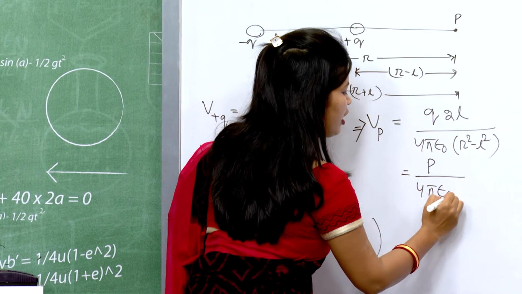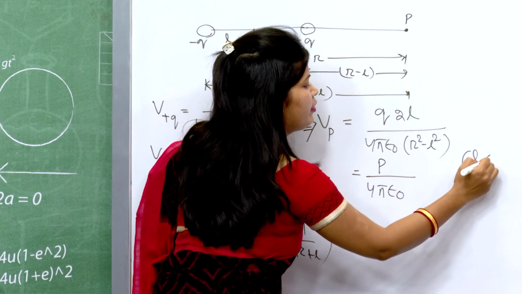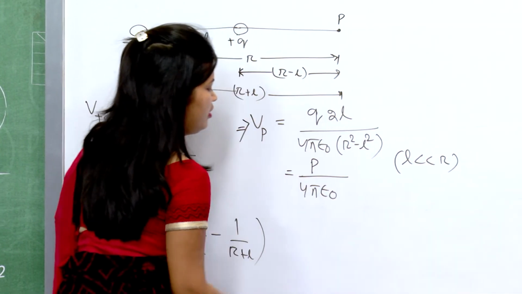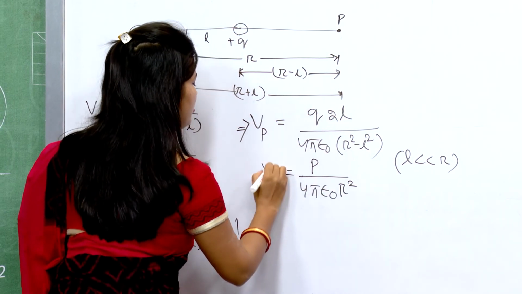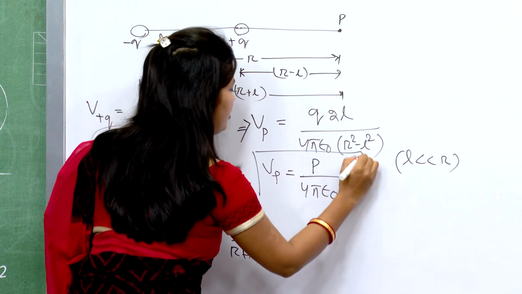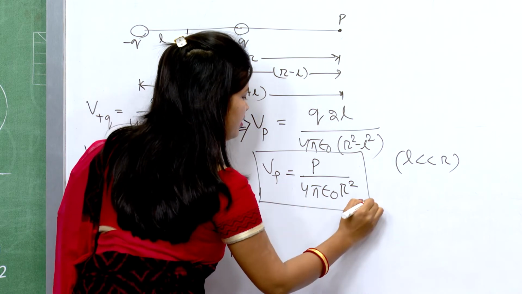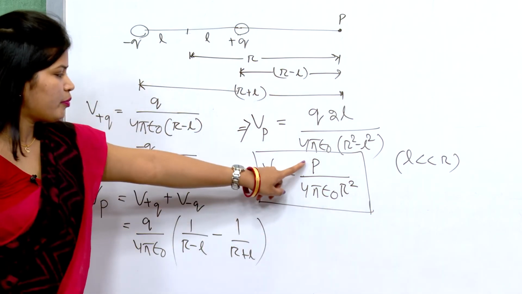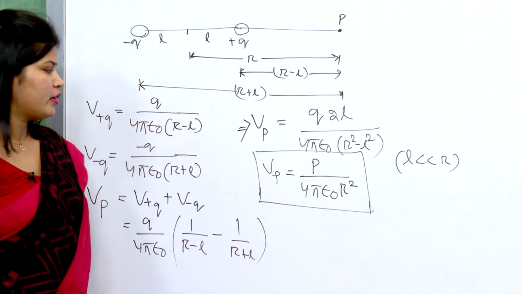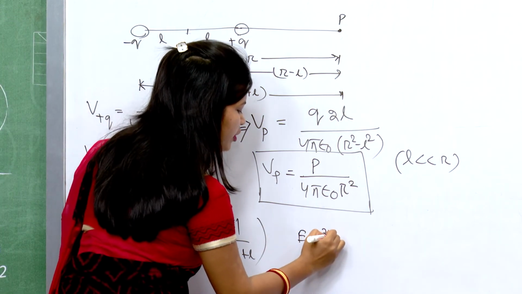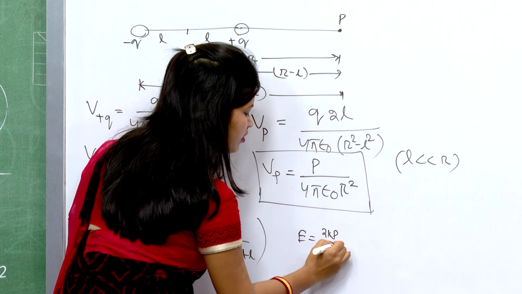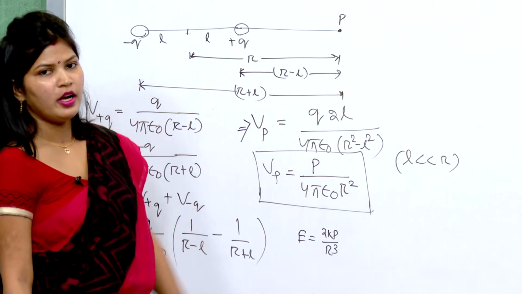So, P by 4 pi epsilon naught, as L is very less than r, I can write potential at point P on axial line is K P upon r square, whereas the electric field is 2 K P by r cube, but potential is K P by r square.